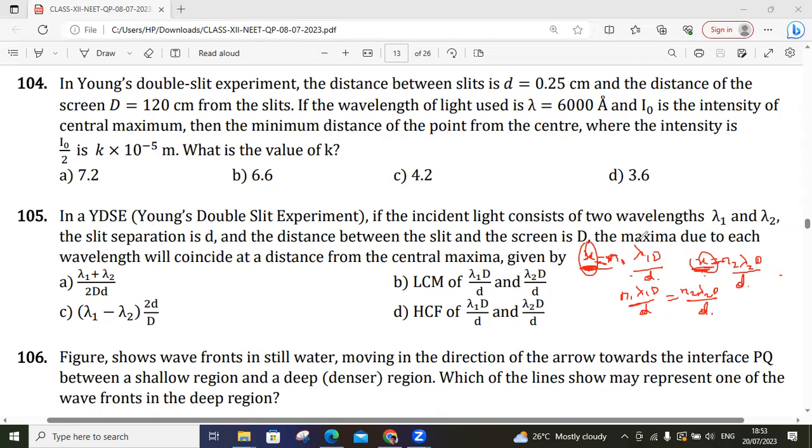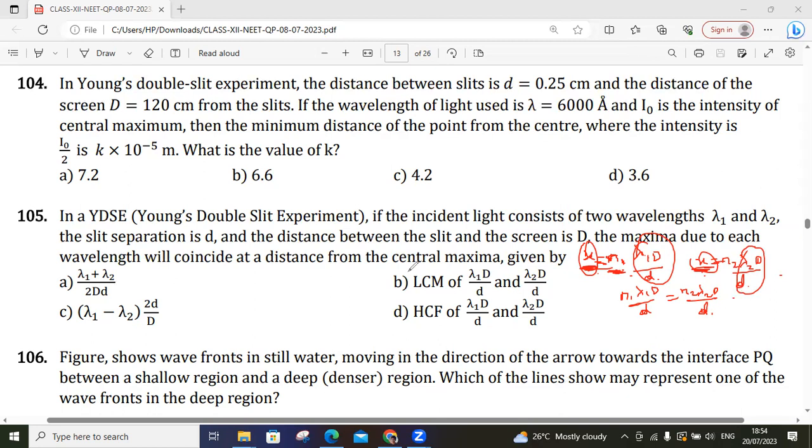So if this happens, x is a multiple of lambda 1 D by d also. It is a multiple because n is an integer, 2, 3, something like that. So 2 times of this or 3 times of this or 4 times of this. So x is a multiple of lambda 1 D by d, and x is a multiple of lambda 2 D by d also.